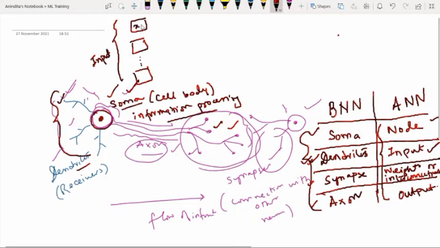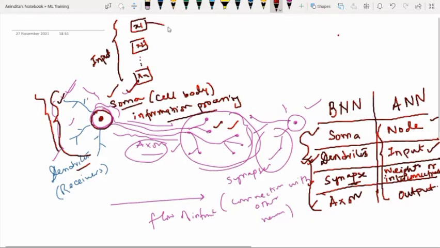See, this is input x1, x2, say up to xn. We may have many inputs, just like we may have many dendrites. Now see, the concept of synapse is established over here as weights.